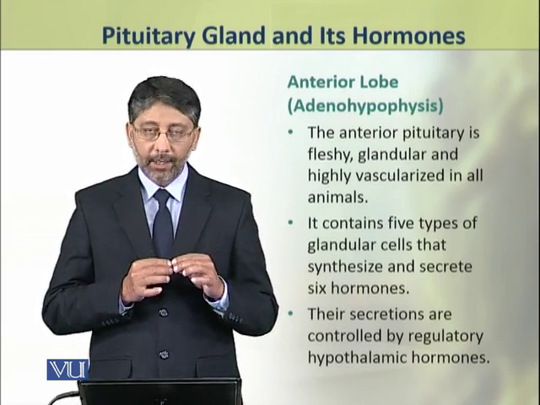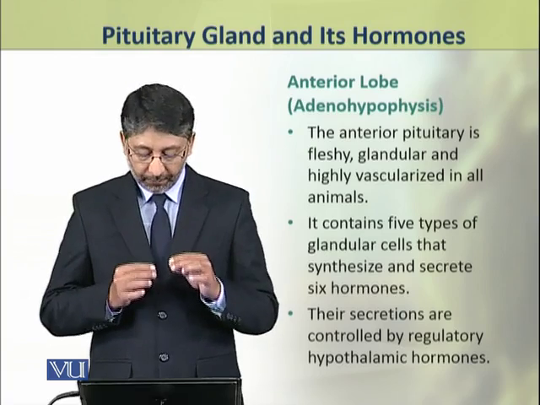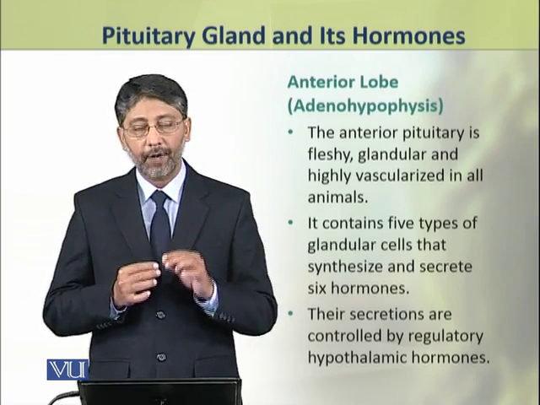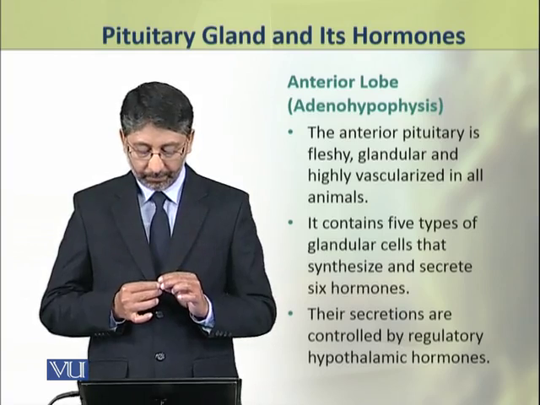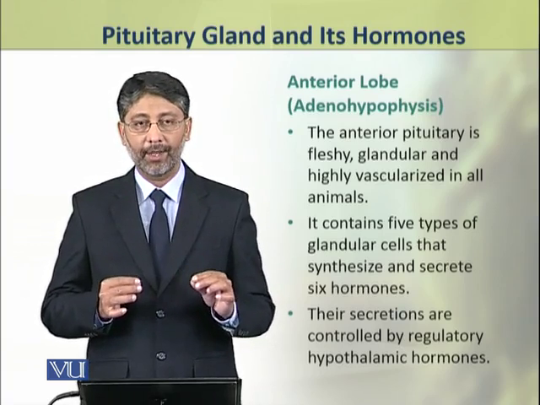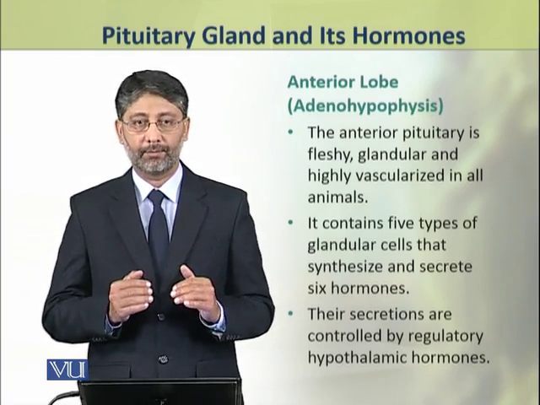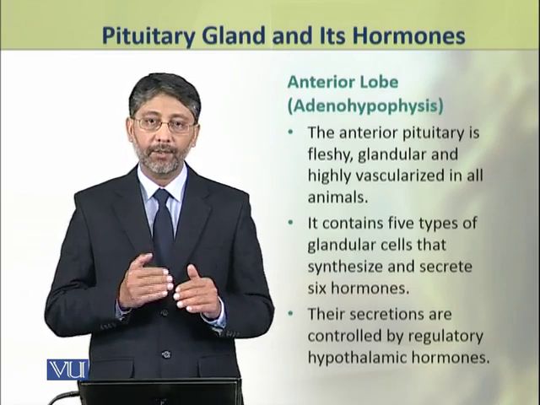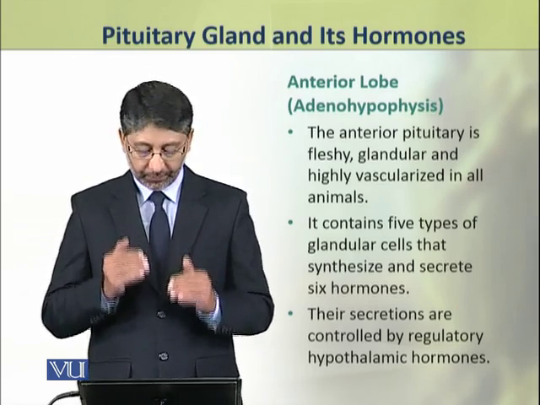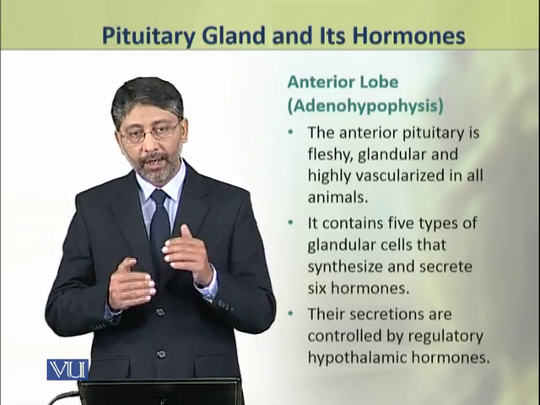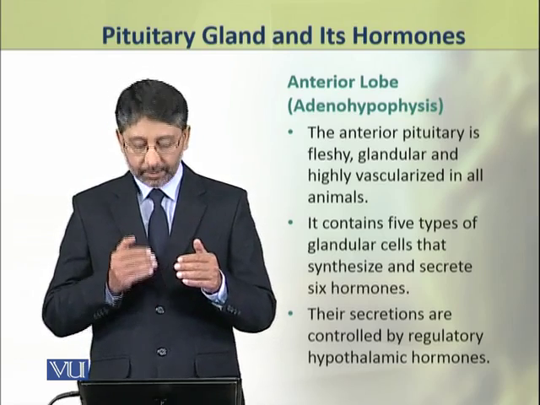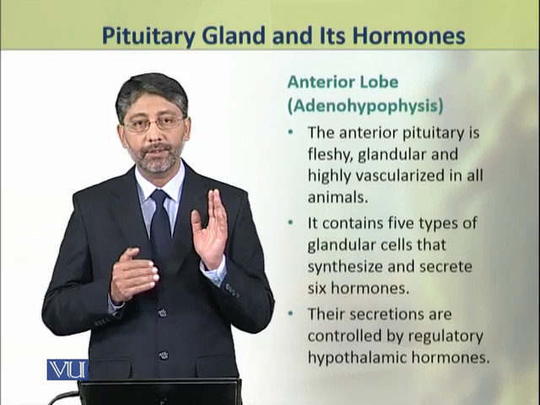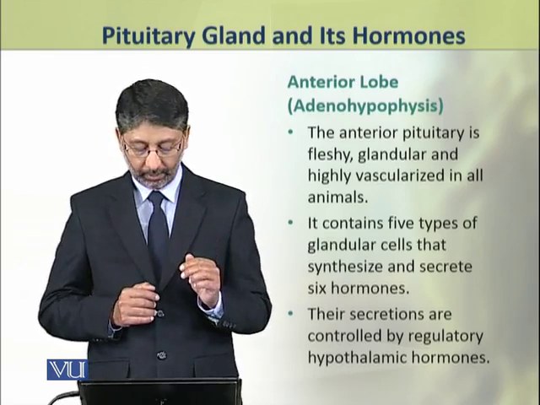The anterior lobe or adenohypophysis is fleshy, glandular, and highly vascularized in all animals. It contains 5 types of cells which are glandular and synthesize and secrete 6 hormones.